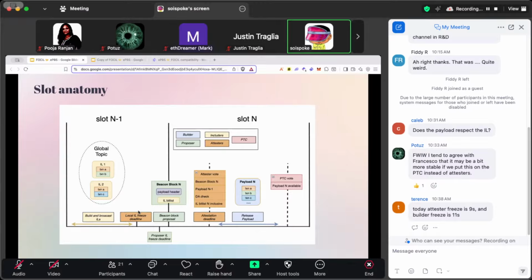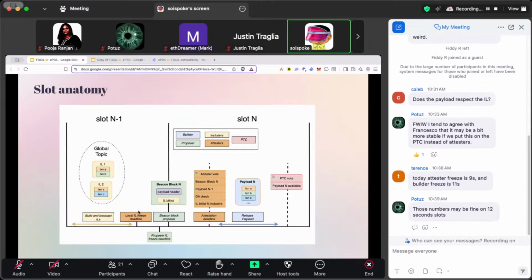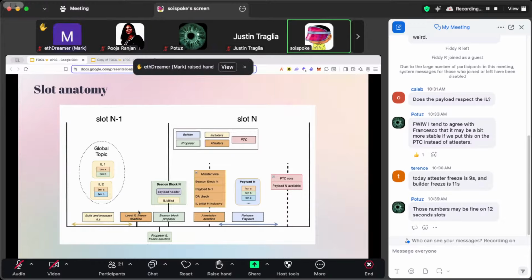So you can estimate that with a big margin of error at something like 500 milliseconds, and then they need to send the bids and the blocks to the proposer, and the proposer needs to pick one.